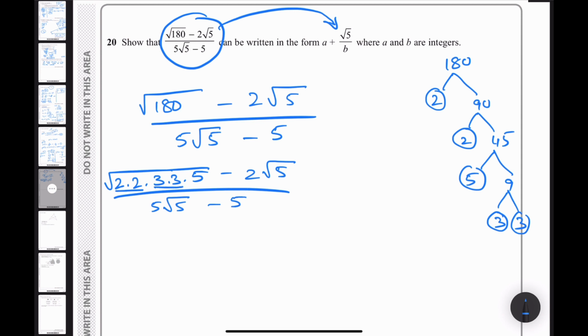Now since we have a pair available in the square root, for example, 2 times 2 will become 4, so the square root of 4 will be 2, so 2 will go out. 3 times 3 is 9, so the square root of 9 is 3, so 3 will go out.